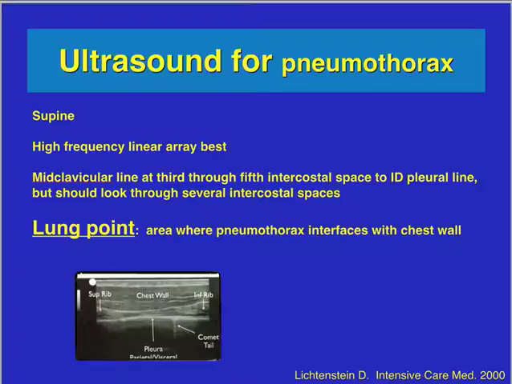You can start at the mid-clavicular line at the 3rd through 5th intercostal space and kind of fan all the way out to the mid-axillary line, but you should definitely look at several intercostal spaces. The lung point is actually not a sign, but it is a terminology you see. It's an area where the pneumothorax interfaces with the chest wall.